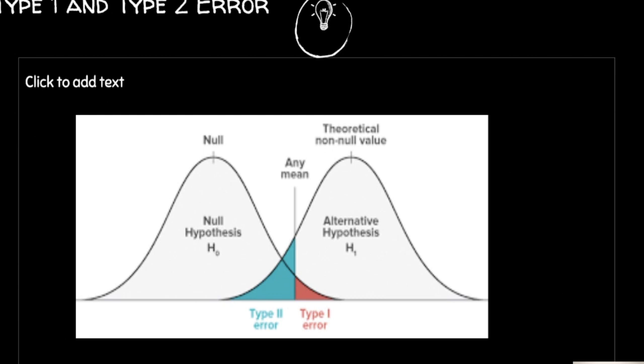If a person is innocent but the system says guilty, then this is a type 2 error. These are the two types of errors we have to keep in mind. Type 1 errors are your alpha and type 2 errors are your beta.